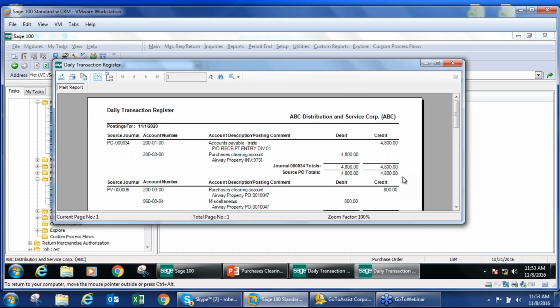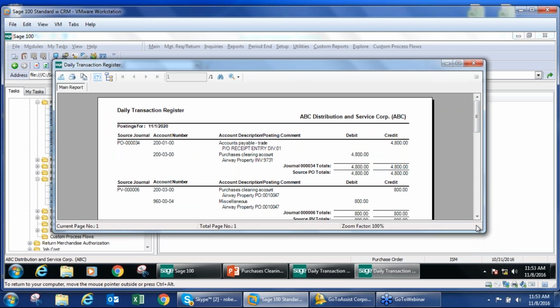So what we have going on here is, actually, you know what? I ended up erroneously putting 40 units on $120, but that's okay.